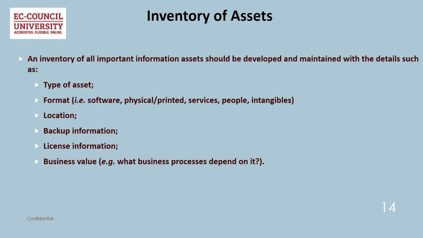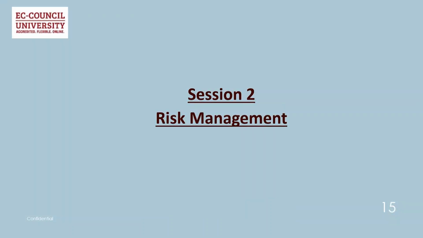Is it tangible, intangible? What location is it available? Is the backup available? The license, we should have a genuine license if we are running software, and we should also be aware about the business in terms of what processes depend on the asset.